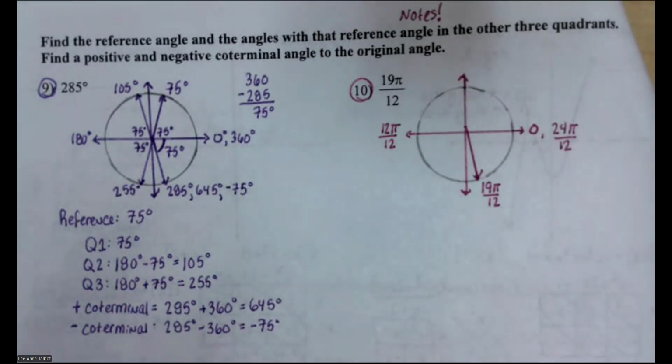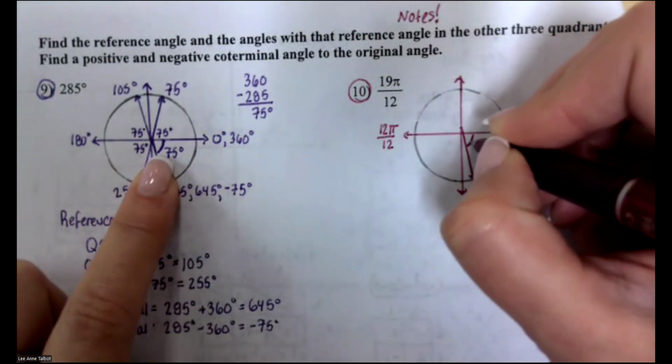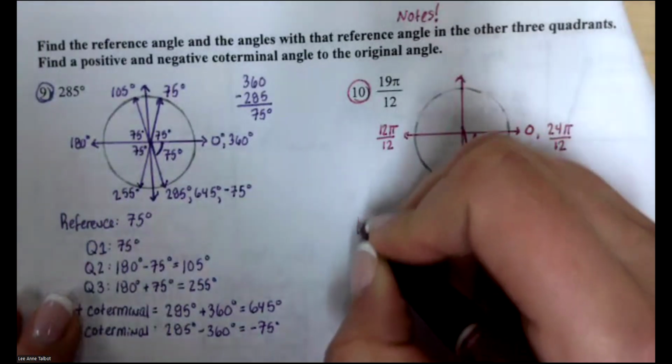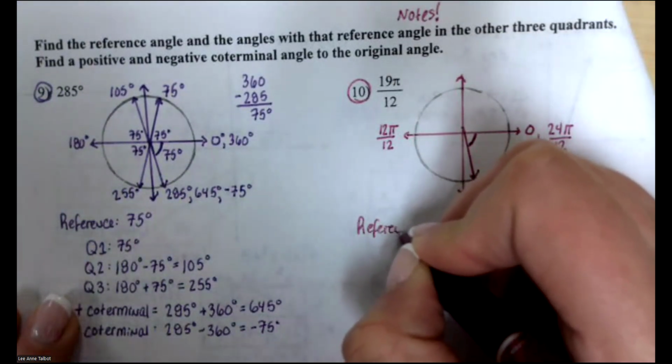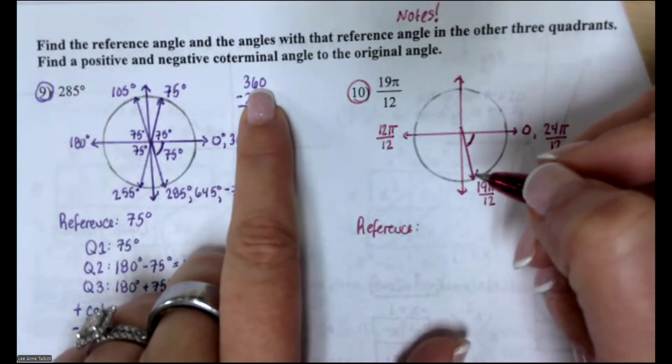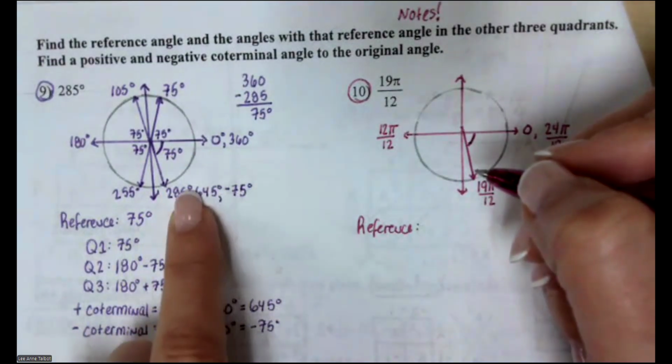Okay. Is everybody okay so far? Are you sure? Okay. Now, the next thing I did on yesterday's was I made a little arc in here to find the reference angle. And I found the reference angle by finding the difference between 360 and the angle I had.